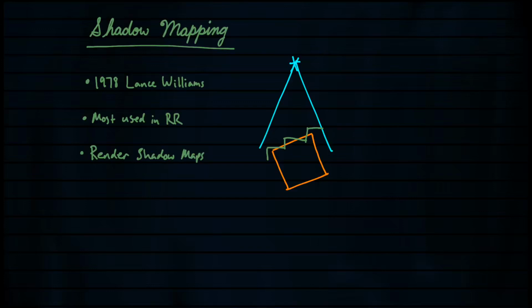And so if we're trying to determine if this is in shadow, technically it's all lit. But we'll have this part is lit, this part's in shadow, this part is lit, and this part is in shadow, when obviously the whole surface should be lit.